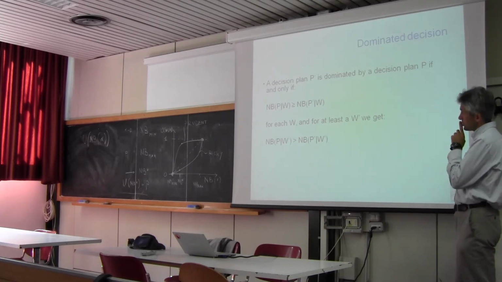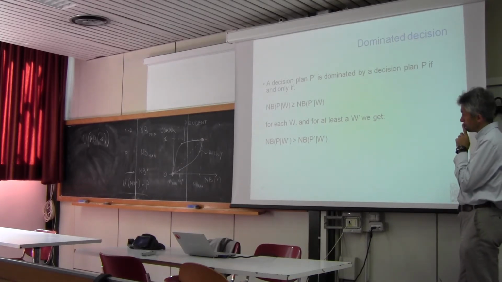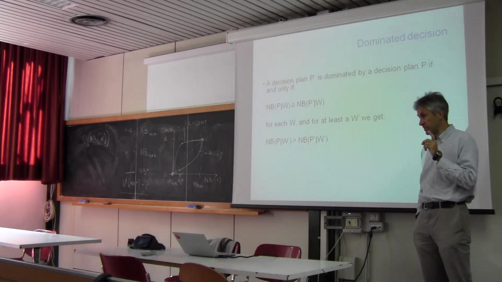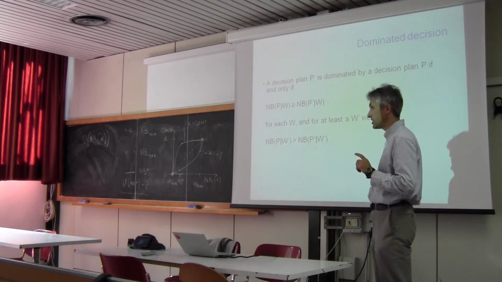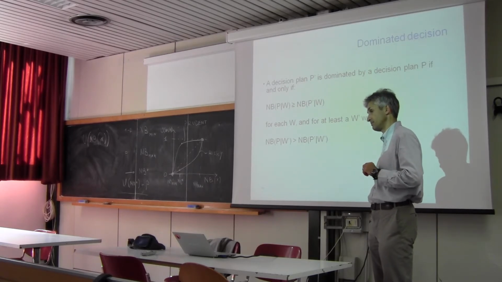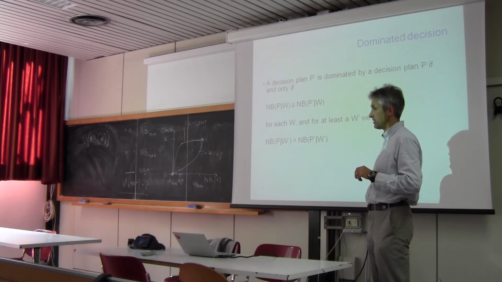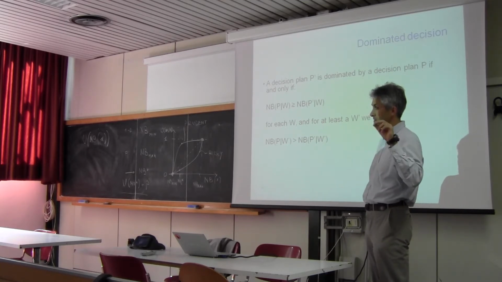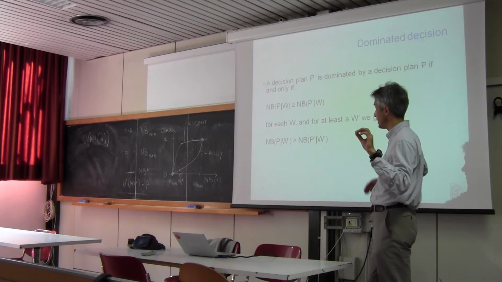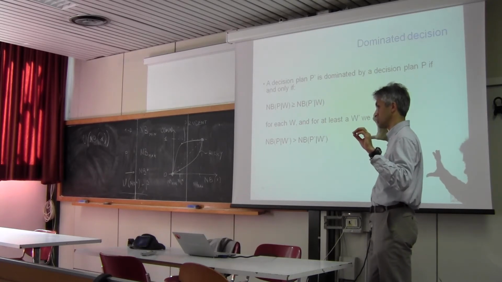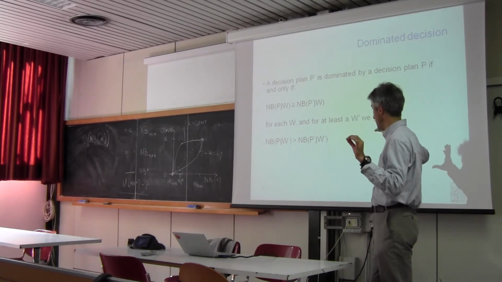Okay, good. So let me anticipate one thing, which is a useful definition, the definition of dominated decision plan. In this case, we are dealing with different decisions, and I identified 4 possible decisions, okay?